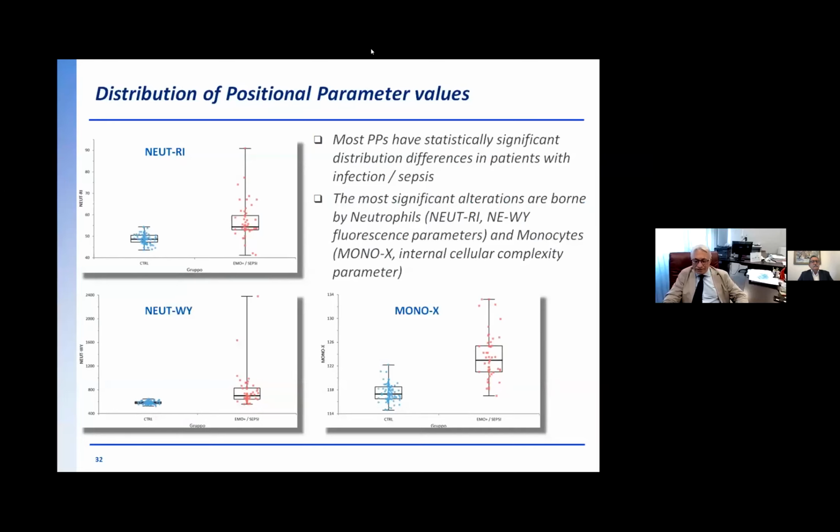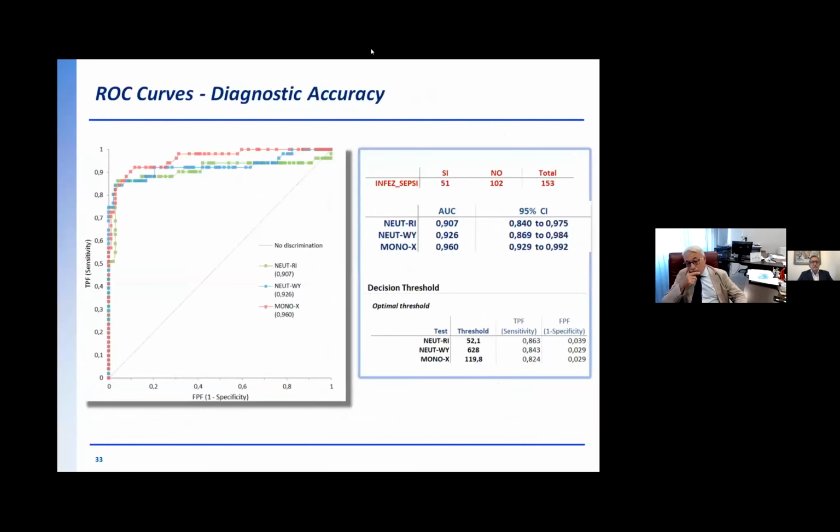Hence, the 3 parameters that we believe have been decisive and useful to have an early diagnosis and predictivity of the sepsis syndrome: neutrophils reactive intensity, fluorescence parameters, and the complexity of scattergrams of monocytes.